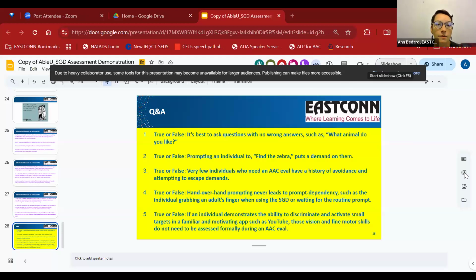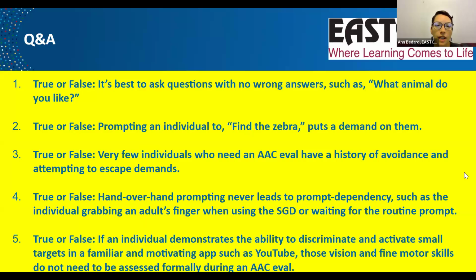The first question is from Dawn. Any suggestions for kiddos who are Gestalt language processors who are trialing devices?